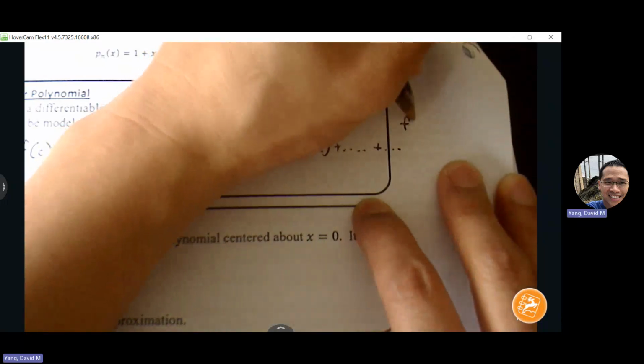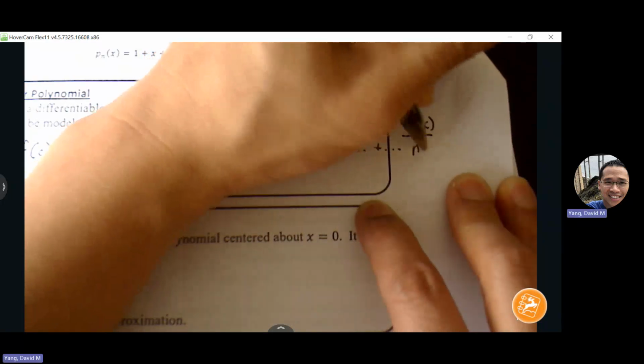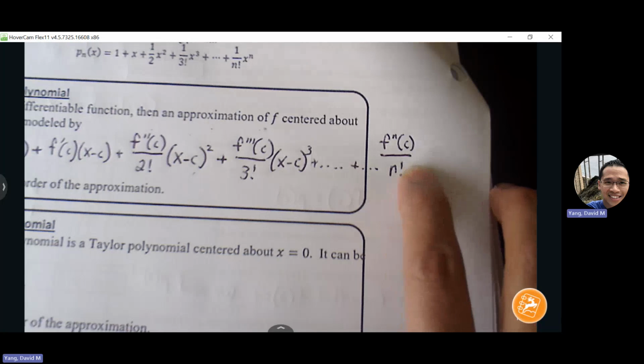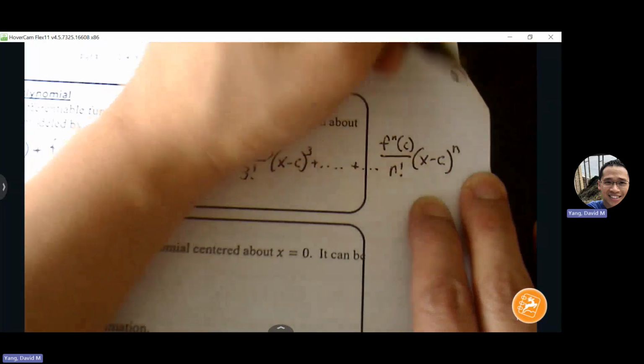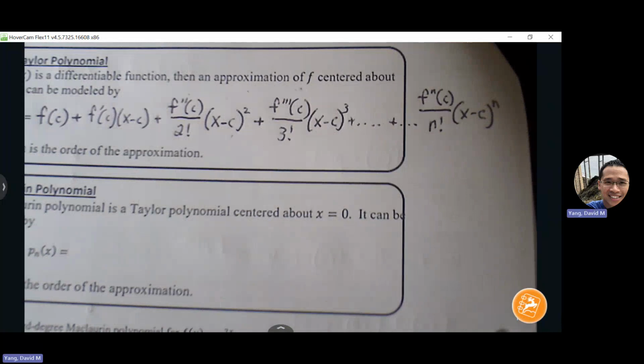It's the nth derivative evaluated at the center over n factorial. We saw that the factorial is doing its job of making sure that it's going to be there when that derivative is taken, so that it doesn't disappear. And then we have x minus c raised to the nth degree. So if you take the n to infinity, you get the exact function.